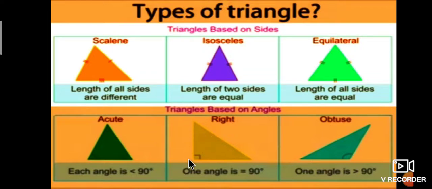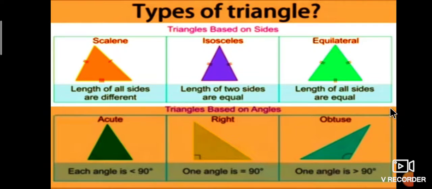In a right angle triangle, any one angle is 90 degrees. Similarly, what is an obtuse angle triangle? In a triangle, any one angle is greater than 90 degrees. Such a triangle is called an obtuse angled triangle. Is it right, students? Yes.